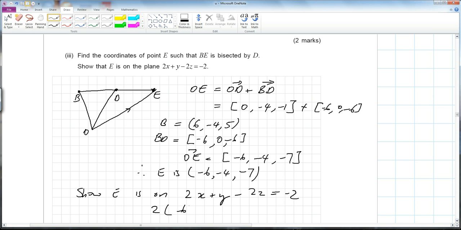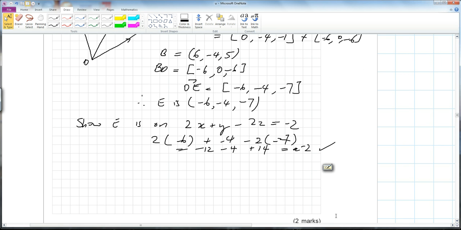Substitute that in: 2 times minus 6 plus minus 4, take 2 times minus 7, equals minus 12, take 4 plus 14, which equals minus 2, and therefore it's on the plane. And there we have it, all done.